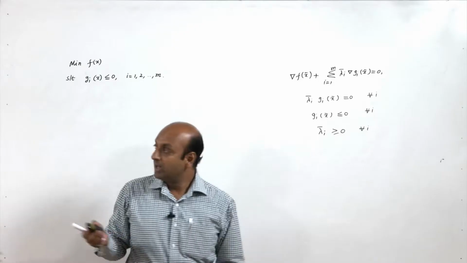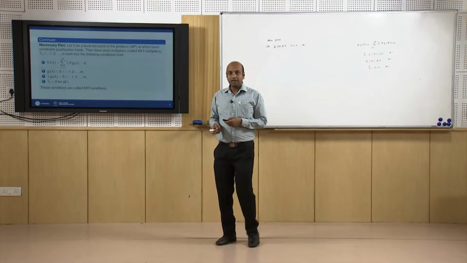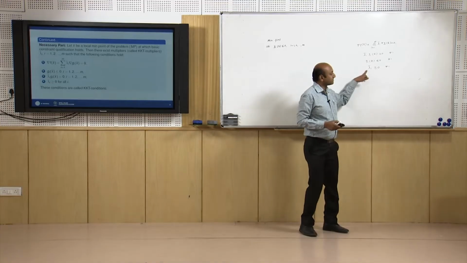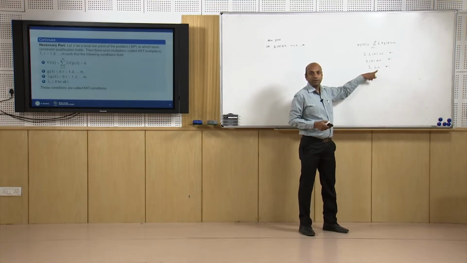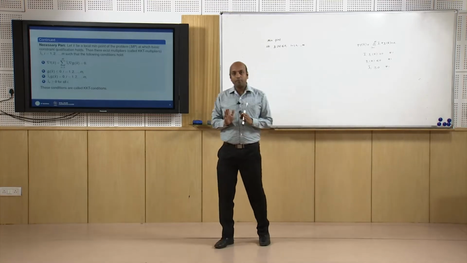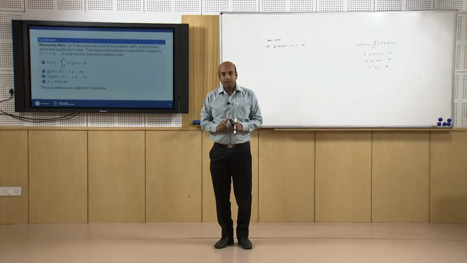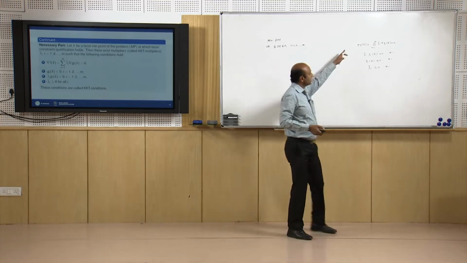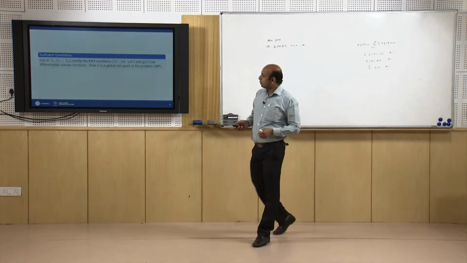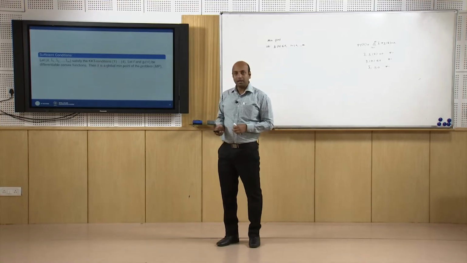Here we have less than or equal to type constraints, so this condition is required that all multipliers must be non-negative. So, this is a necessary condition: if a point is a point of local minimum, then this condition is always satisfied. Now, we come to the sufficient part.